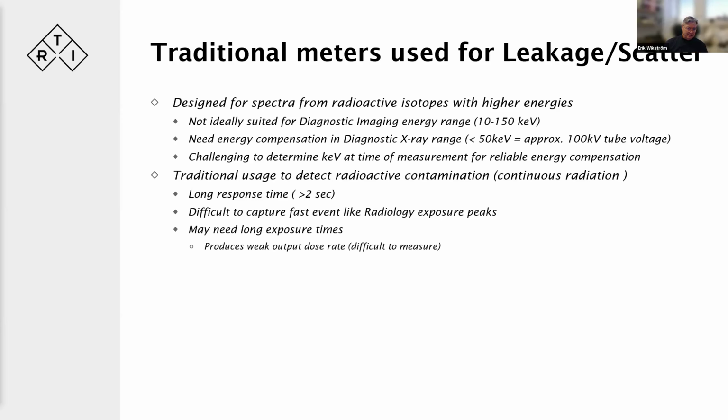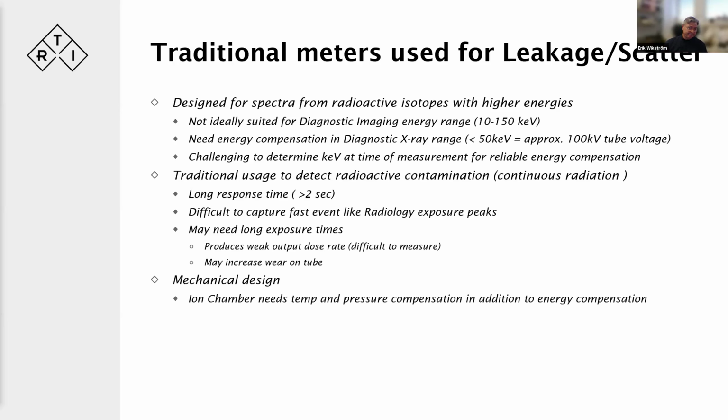And we know that that's also another challenging area for traditional meters. And if we need to crank it up for a long period of time, for longer exposures, that increases the wear on the tube. And then we've got mechanical design.